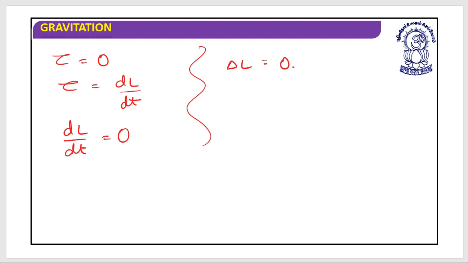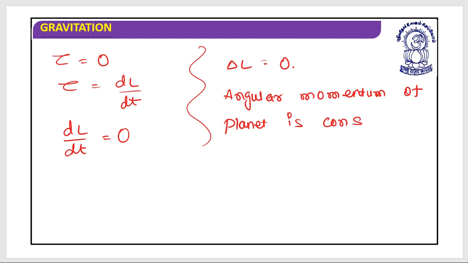And when the change in angular momentum is 0, I can write that the angular momentum of the planet is conserved. Do you understand this? The angular momentum of the planet is conserved.